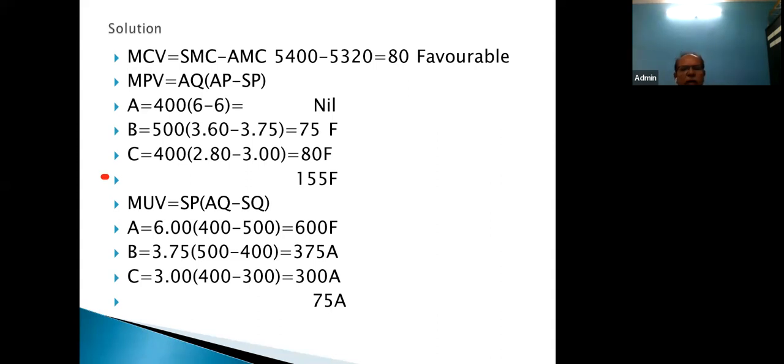Now let me clarify over here. Just for example purpose, please do not get confused. Suppose A had been unfavorable, say 50. Here it is nil, but for understanding purpose, if A product would have been 50 rupees unfavorable, what would have been the net?